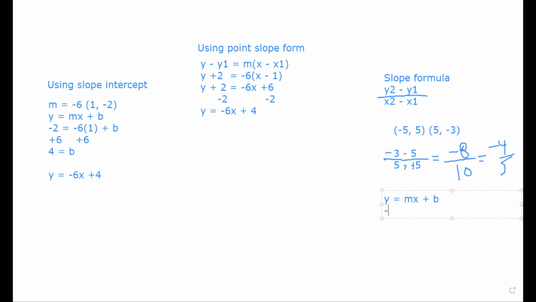What's the y value? -3. I got it right this time. Equals my slope, -4/5 times x, which is 5. So my 5s are going to cancel. -4/5 times 5. Does it make sense when I say that it's going to cancel?